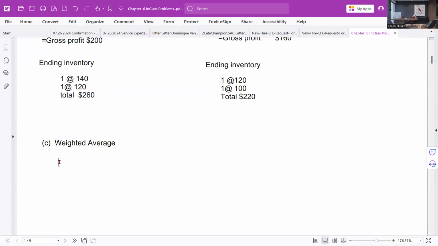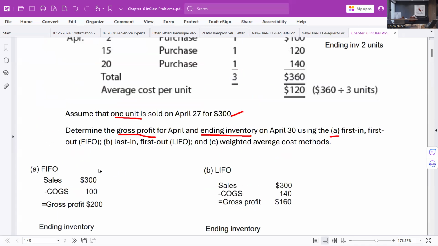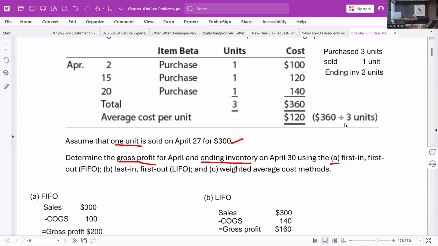Weighted average. And again, we want sales. And what are the sales? Well, the sales still are $300, minus the cost of goods sold. Weighted average assumes that every unit is going to have an average cost of 120.